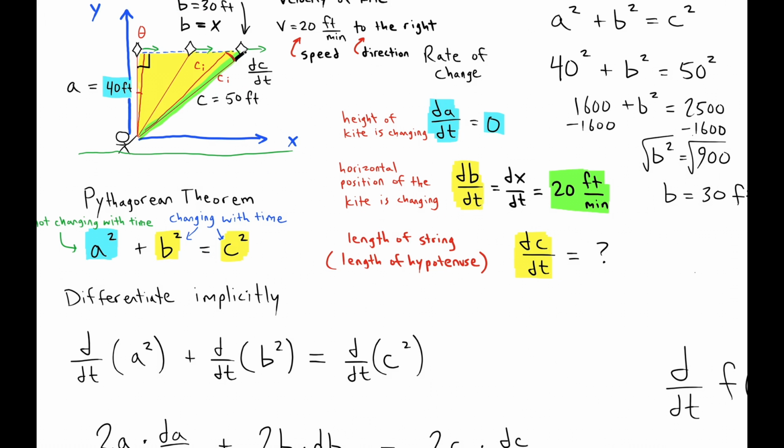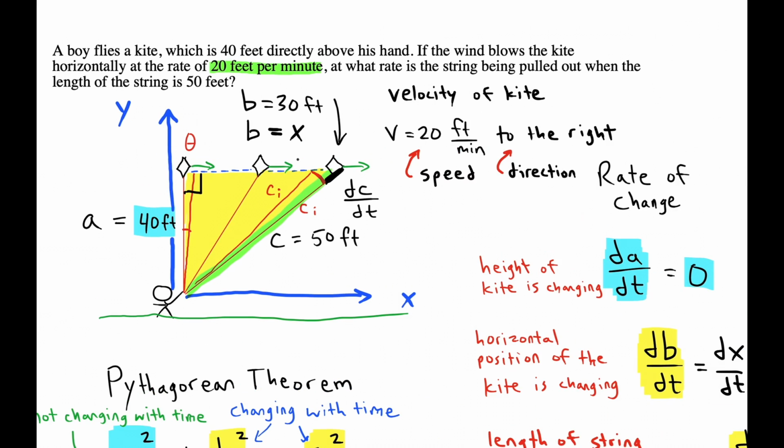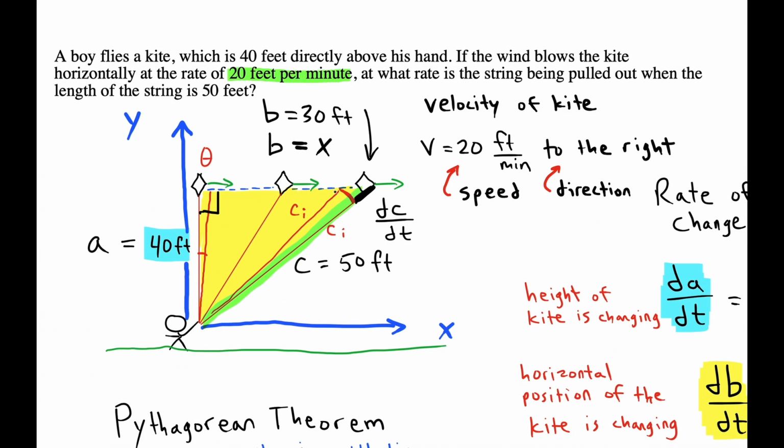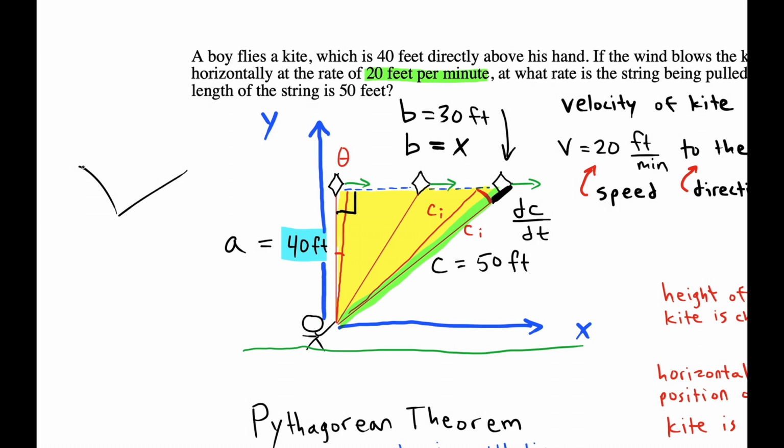This could be considered a picture of dC right there. And so if we zoom in on that little piece right there, what are the differentials involved? The change in horizontal would be considered dB or dx, and the change in hypotenuse would be considered dC.